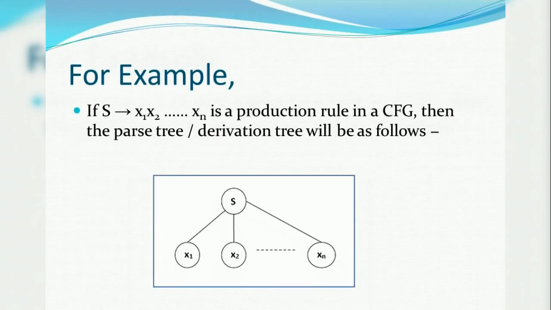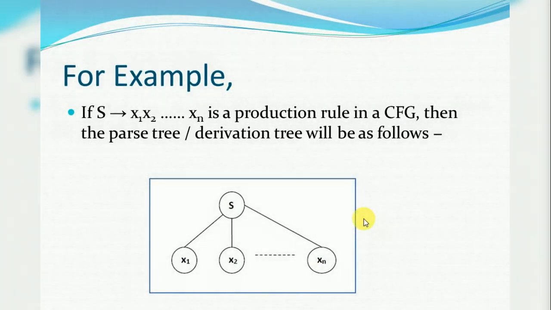For example, if S gives x1, x2, and so on is a production rule in a CFG, then the derivation tree will be as follows. Here in this derivation tree, the root is S, the starting symbol, and the terminals are x1, x2, xn, and they are present at the leaf nodes.